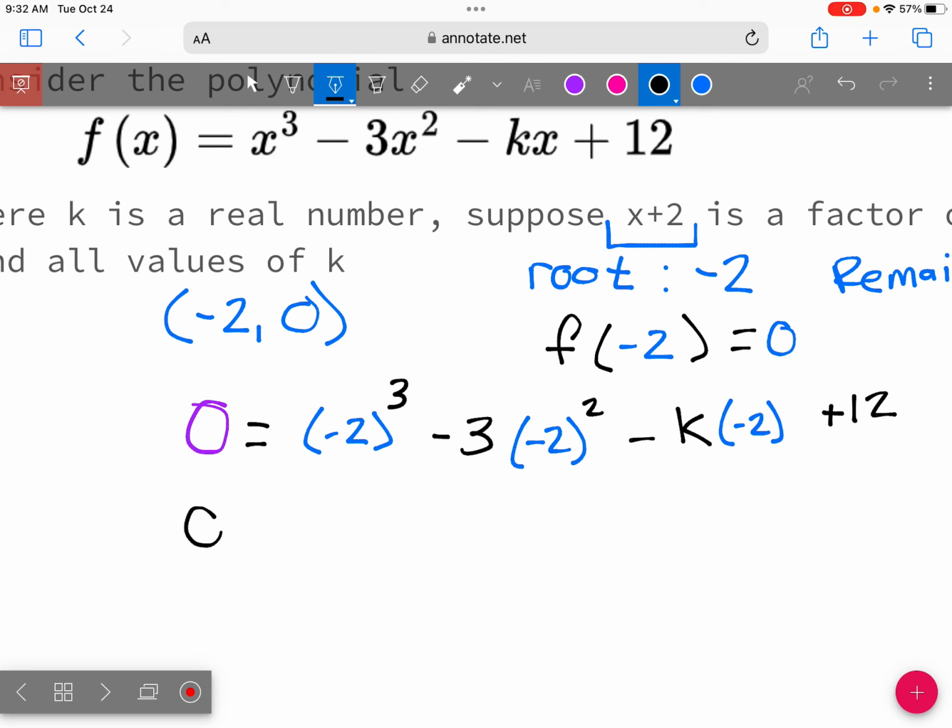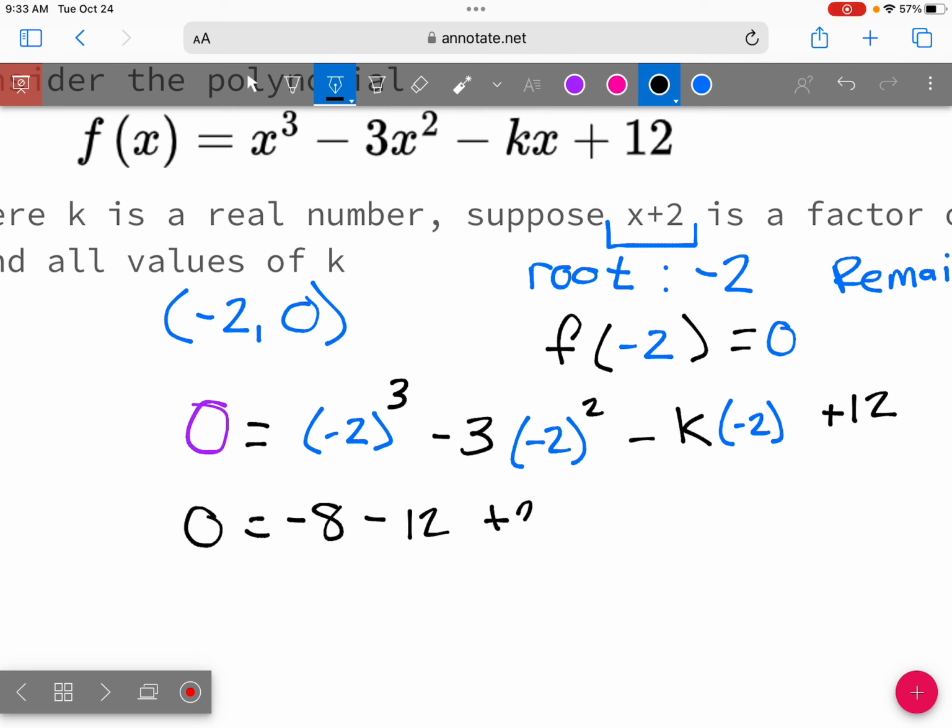So we have 0 equals what? -2 cubed minus 3 times -2 squared. -2 squared is 4. 4 times 3 gives us 12. So we're subtracting 12. Minus k times -2.